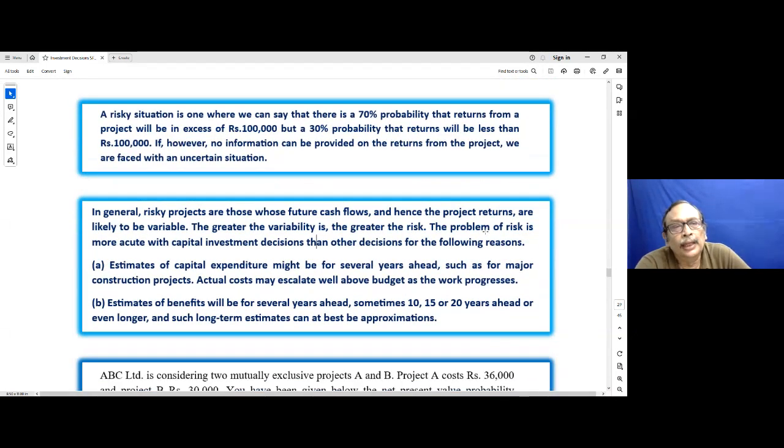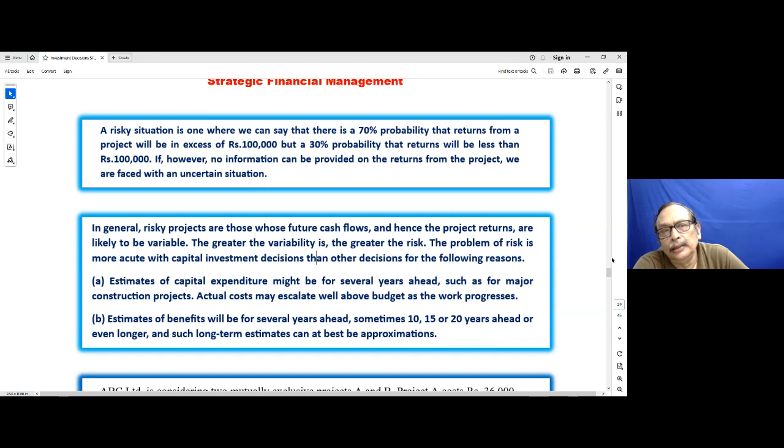Now, a risky situation is one where we can say that there is a 70% probability that returns from a project will be in excess of rupees 1 lakh, but a 30% probability that returns will be less than rupees 1 lakh. If, however, no information can be provided on the returns from the project, we are faced with an uncertain situation.